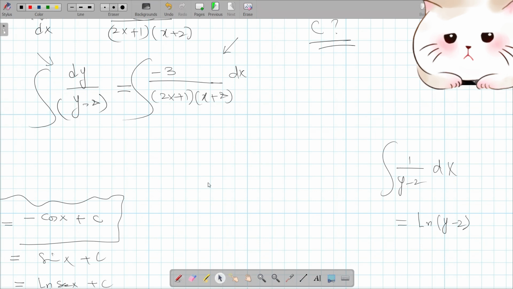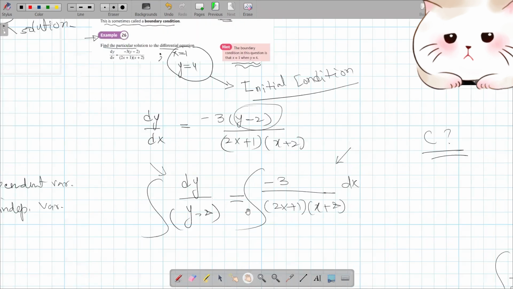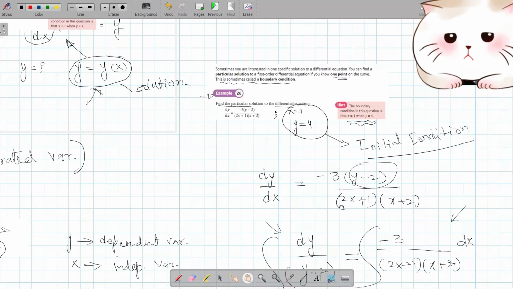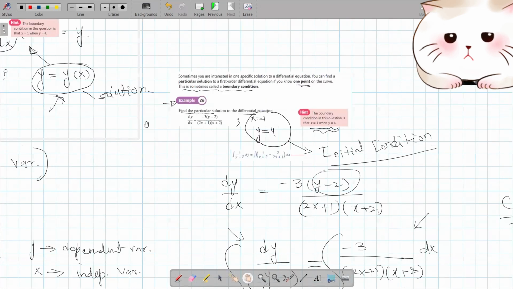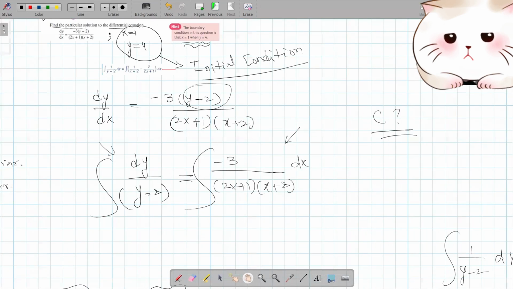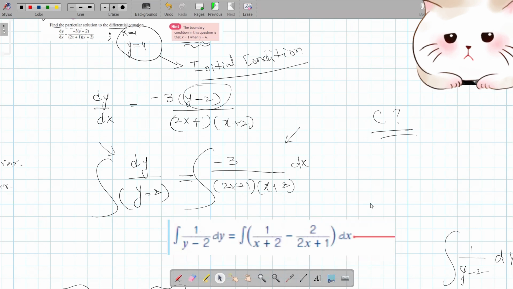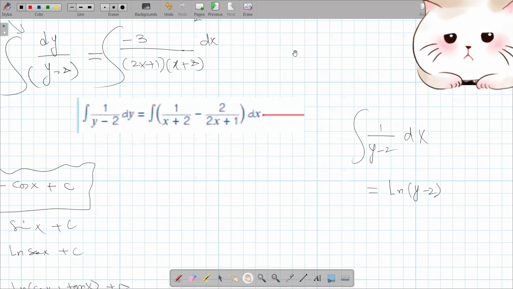So again, he will paste that somewhere else. Let's find out. These are the partial fractions. You see how quickly I did partial fractions.